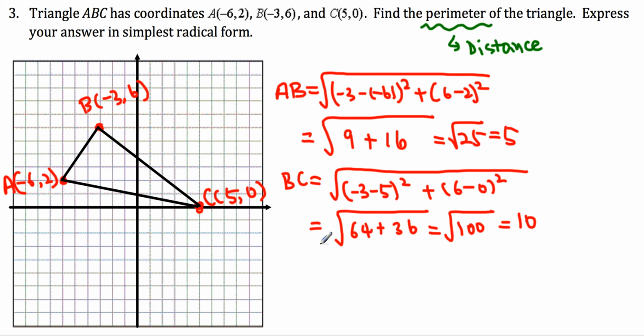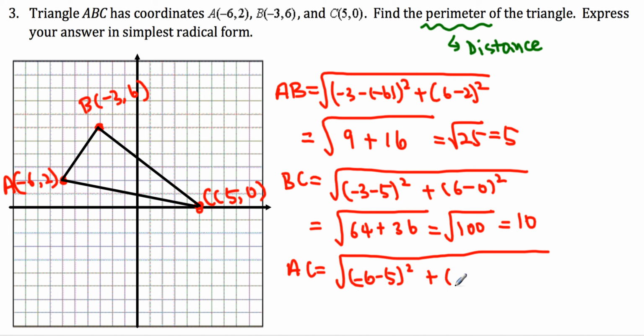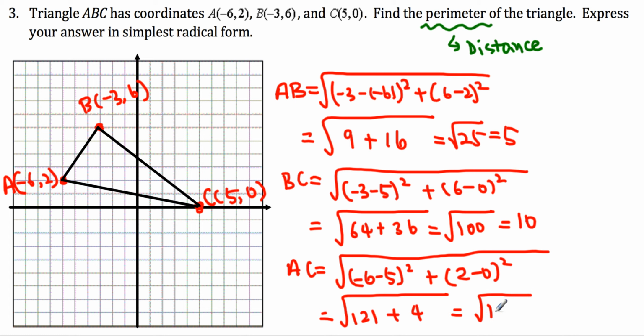Last line segment, AC. So here, negative 6 minus 5 squared, and then 2 minus 0 squared. So here we get 121 from the first one, which is 11 squared, plus 4, which means we have the square root of 125.